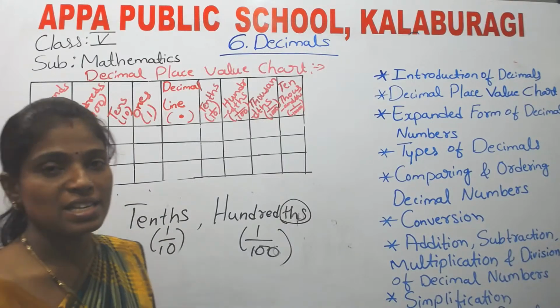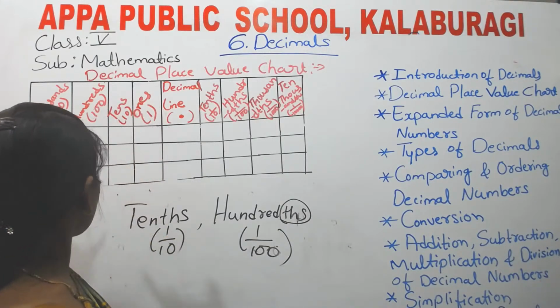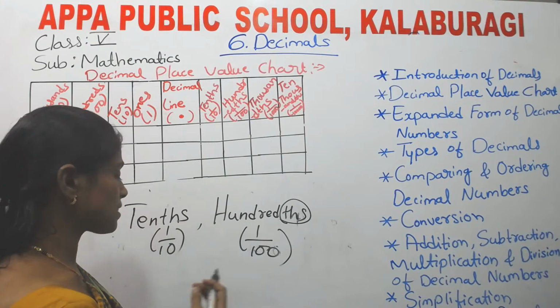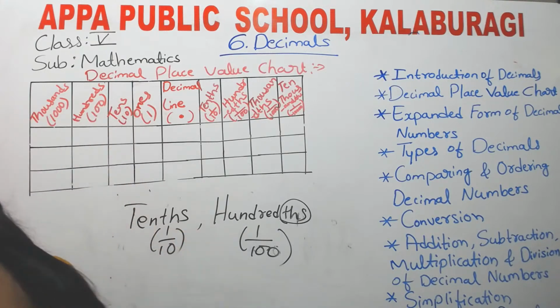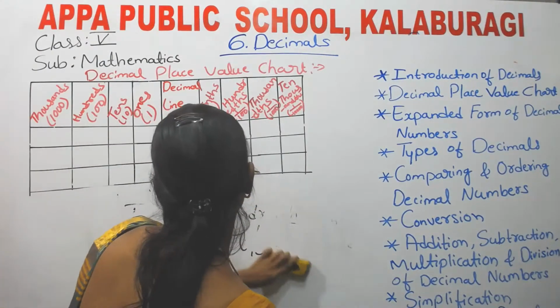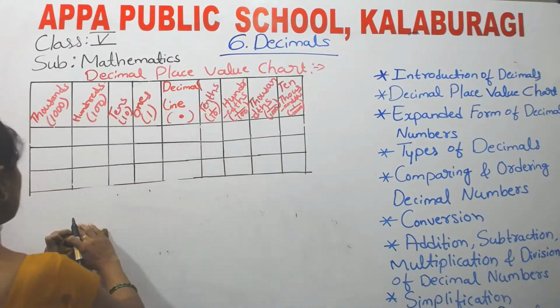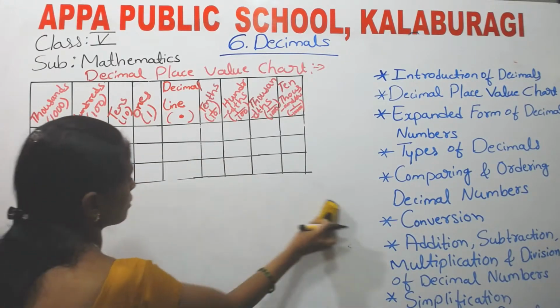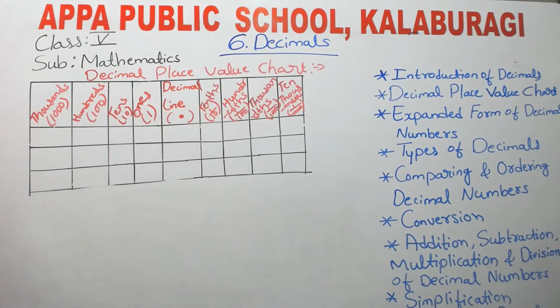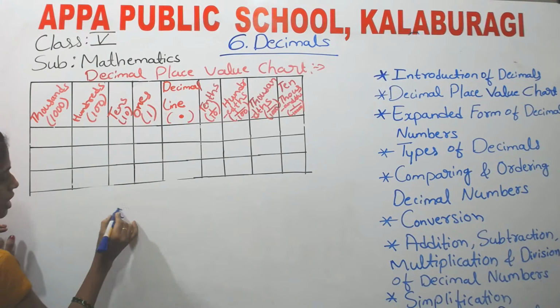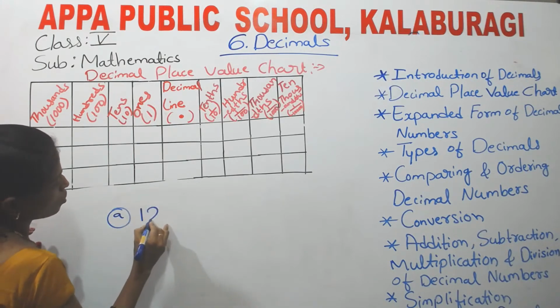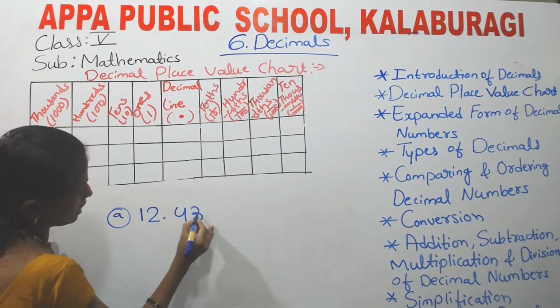This decimal place value chart, right here. Let us take an example, writing a decimal place value chart. How? I will show. First we can take A1, that is 12.431.